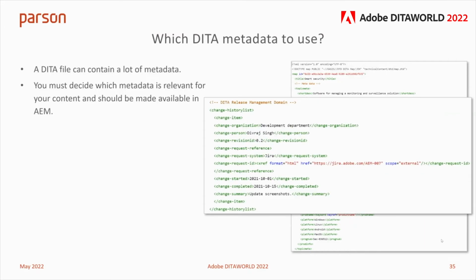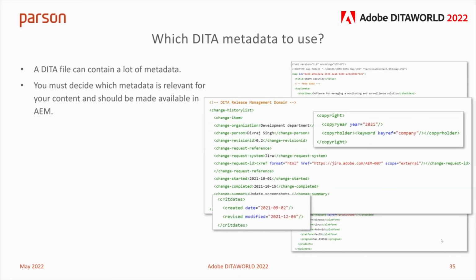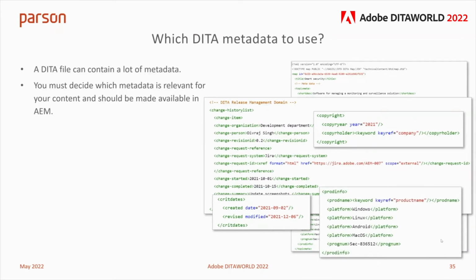For example, in this example from the software documentation, we have the change history, we have some copyright information, we have information about the creation and modification dates, and we have additional product information provided as metadata in the DITA map.